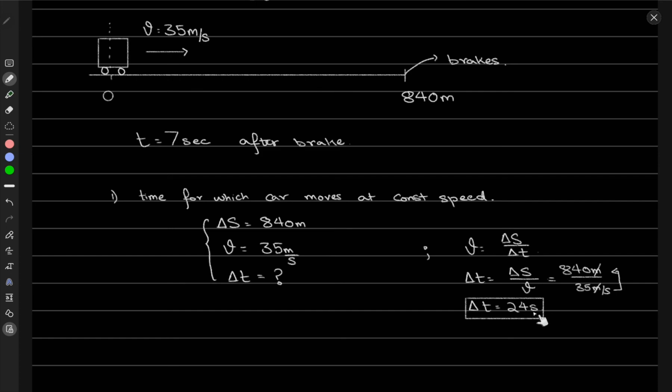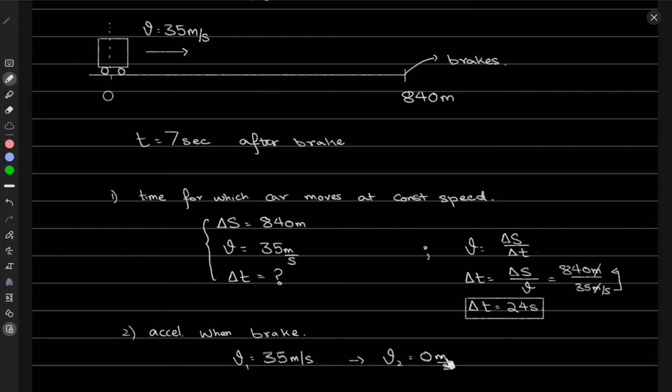Now, let's try to understand the acceleration of my car when brakes were applied. So when I braked, what is the acceleration of the car at that particular time? We are given the velocity, right? At first it is moving with 35 meters per second. Now, at some later time, this velocity becomes 0 meters per second, right?